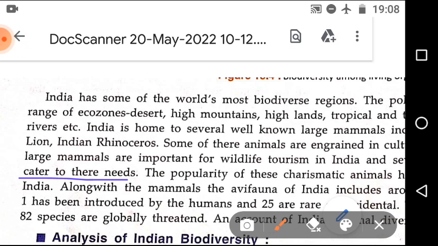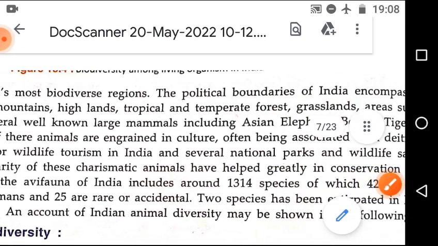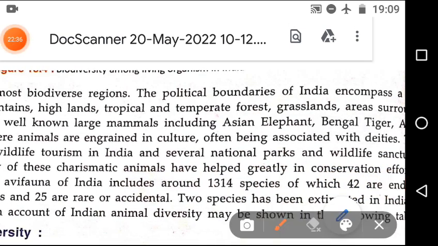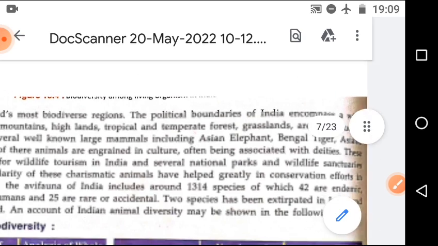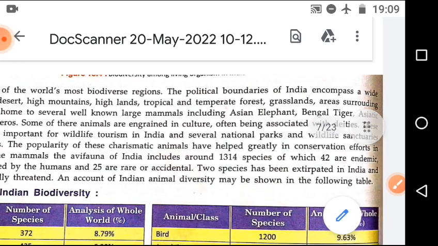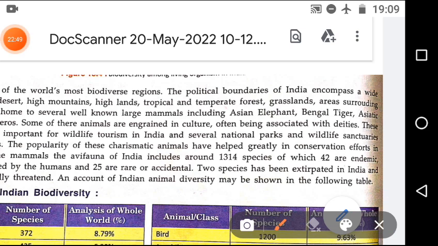The popularity of these charismatic animals has helped greatly in conservation efforts in India.